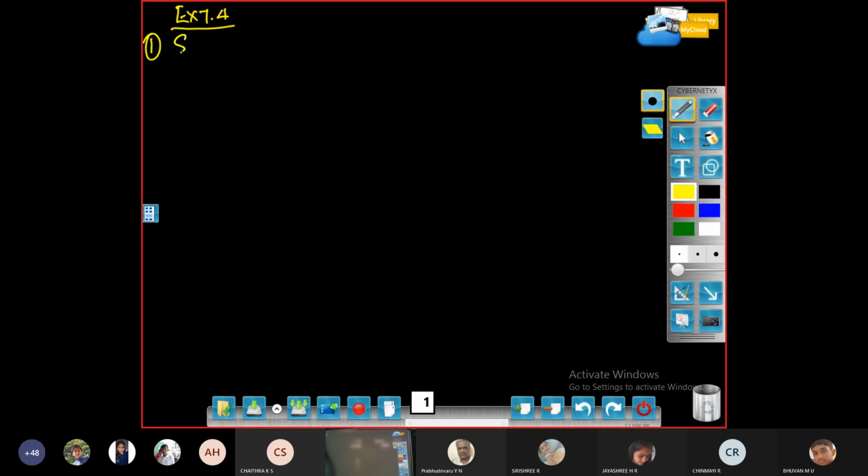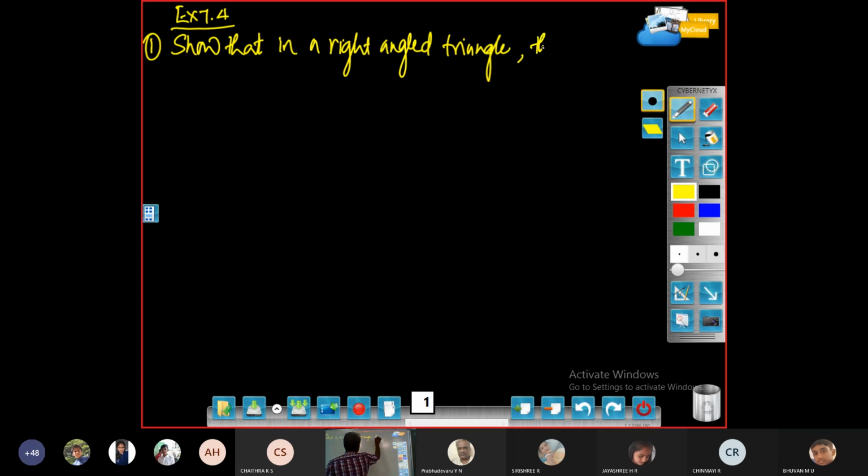Show that in a right angle triangle, the hypotenuse is the longest side.